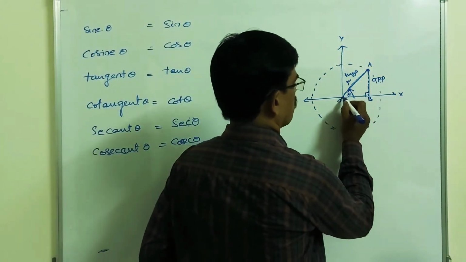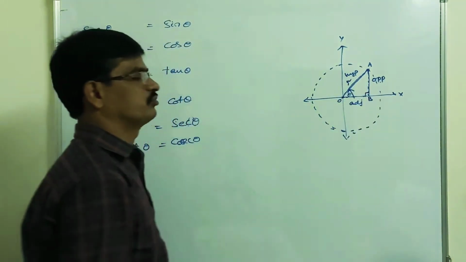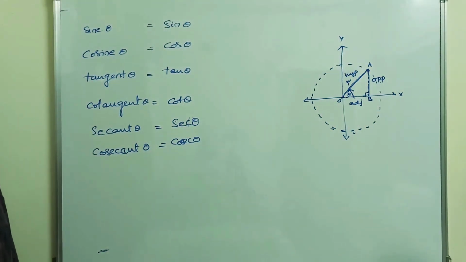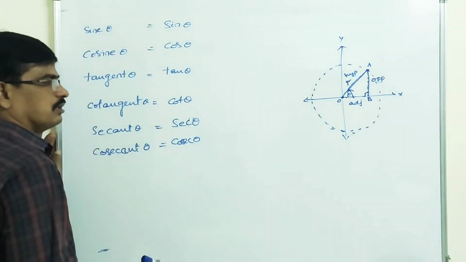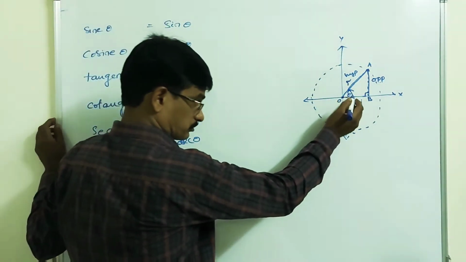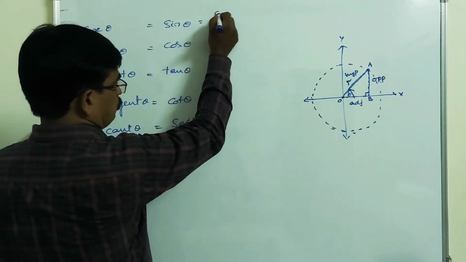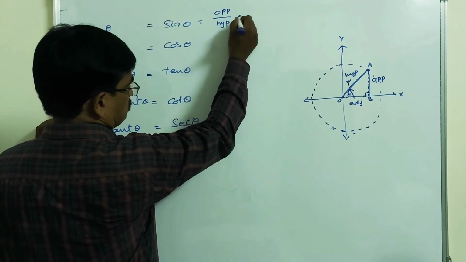Here OB is the adjacent side. Now sin theta is defined as the ratio between the opposite side and the hypotenuse.